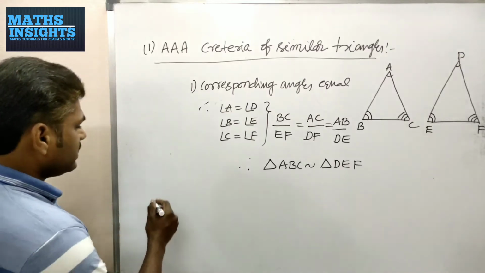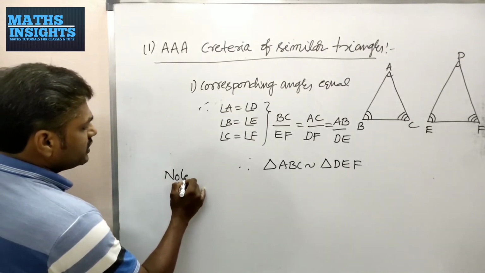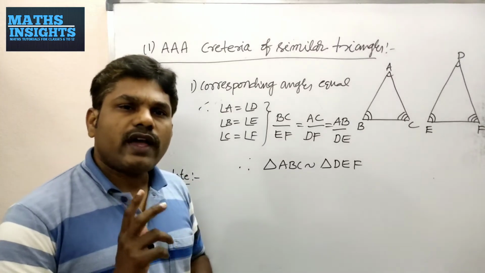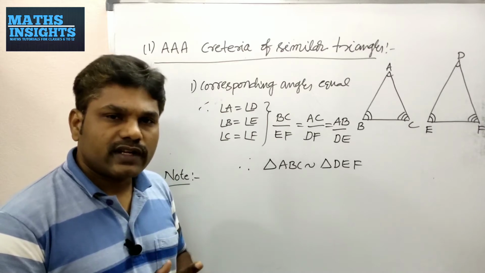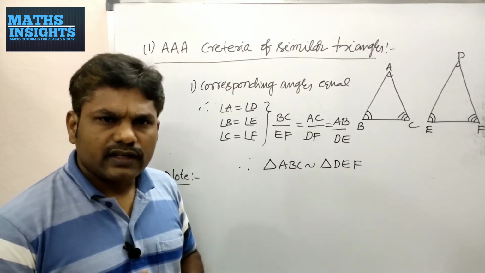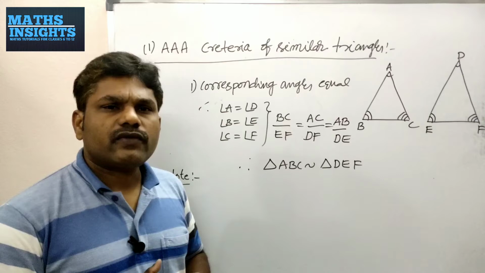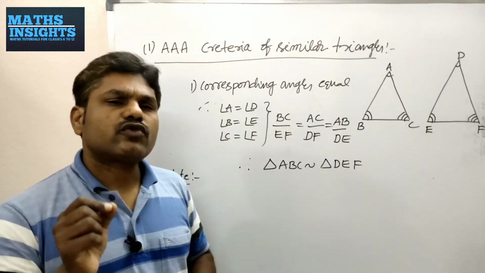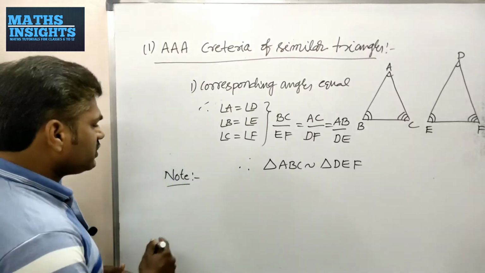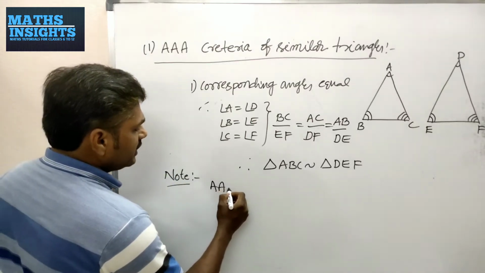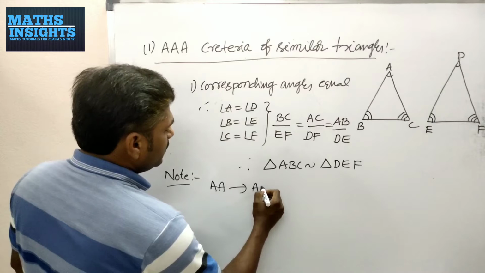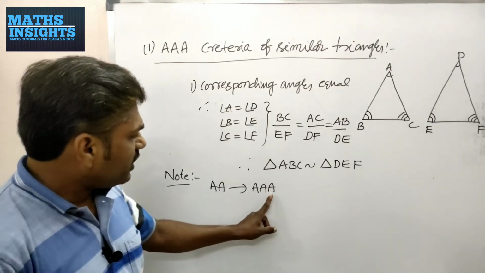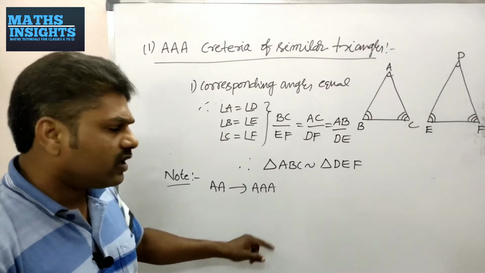In this criteria, there is an important note. See, you have to note this one. Sometimes they will give you only two corresponding angles as equal. Then by the property of the sum of angles of a triangle, the third angle will also become equal.